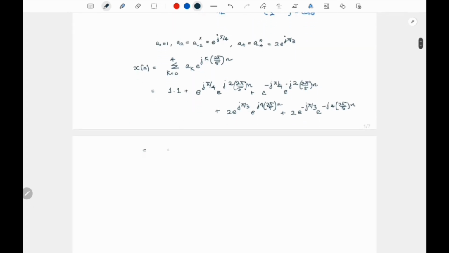So what will this give me? It will be 1 plus this, and this I can combine. So I will get 2 into cos(4 pi by 5 n plus pi by 4), plus these also I can combine. I will get 4 into cos(8 pi by 5 n plus pi by 3).